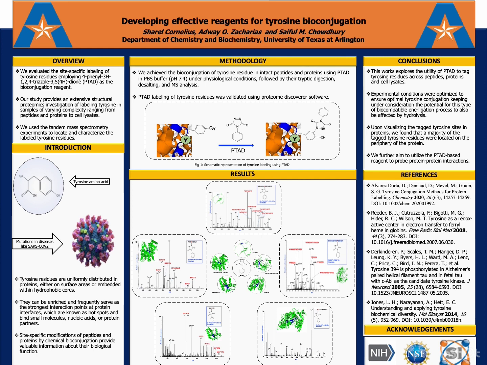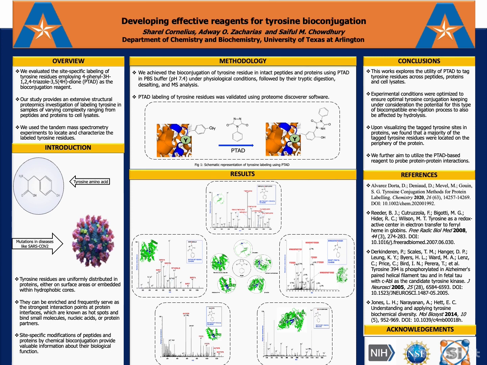One very common technique of utilizing tyrosine in the study of structure and functions of different proteins is bioconjugation, or site-specific modification. The site-specific modification of peptides and proteins by chemical bioconjugation can provide valuable information about their functions and topology.